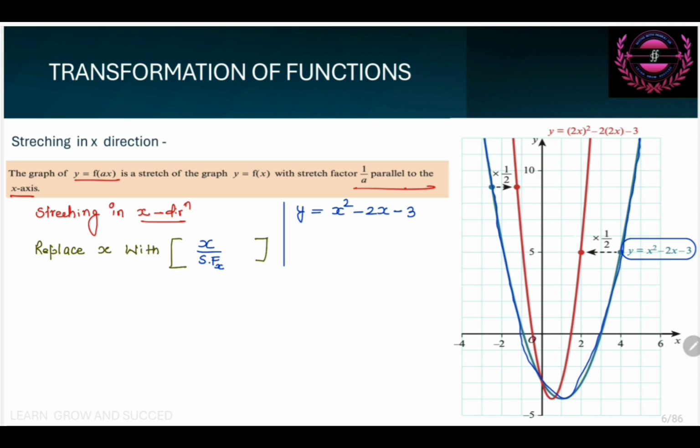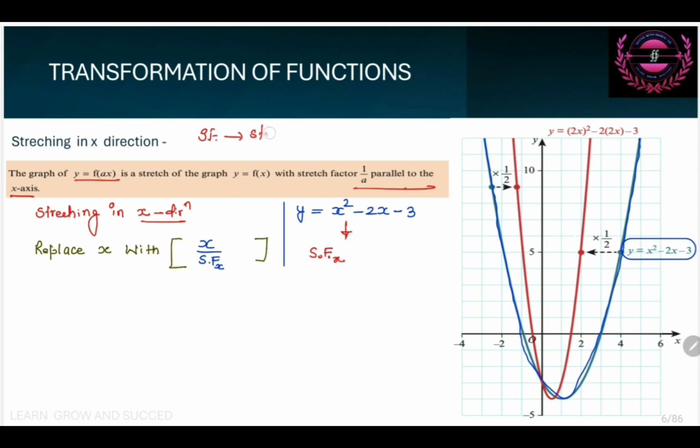And if I have to transform this with a stretch factor in x direction, SF stands for stretch factor, always remember.